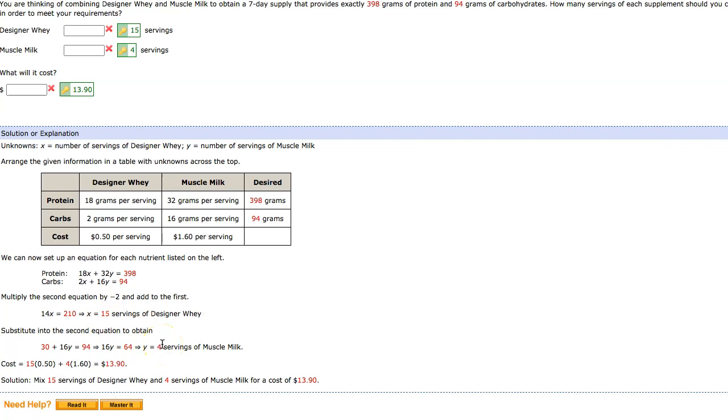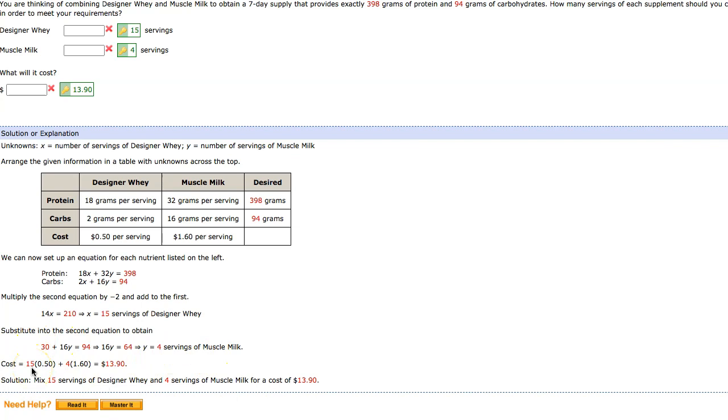But now here's the deal: we got to go back and get the cost. X is 15, and 15 goes with the designer whey, and 4 goes with the muscle milk.